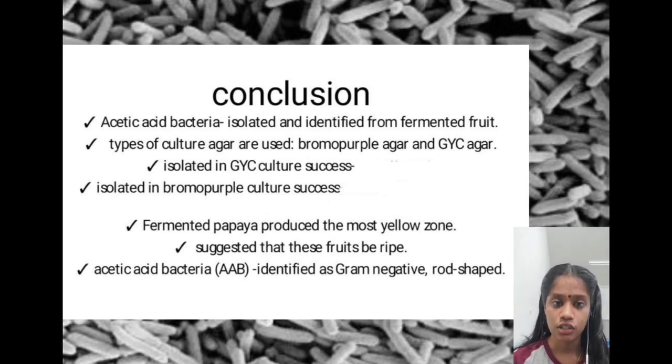The isolates were able to grow at 4 to 10% ethanol concentration and produce the highest acetic acid content, indicating their suitability. In this study of fermented papaya, acetic acid bacteria were identified as gram-negative, rod-shaped, obligate aerobic bacteria with the ability to oxidize ethanol to acetic acid. Thank you.